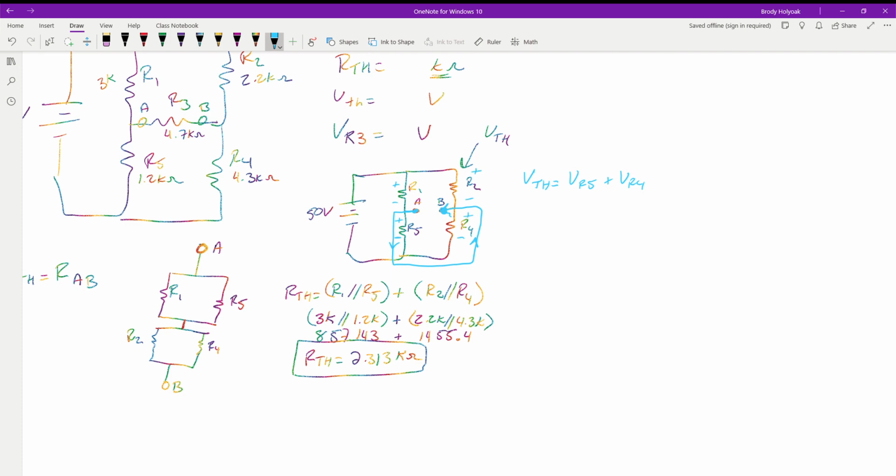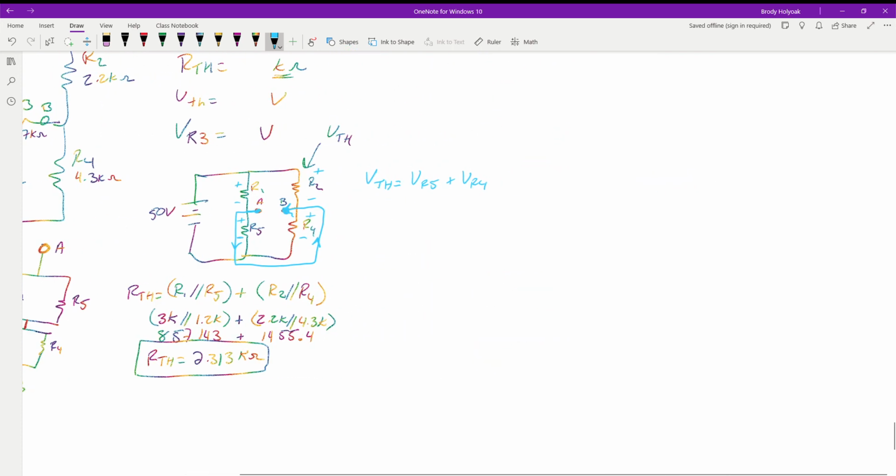So what happens is my voltage for R4 actually is a negative voltage. So I have VR5 minus VR4. Another way to look at it is I'm adding a negative VR4.